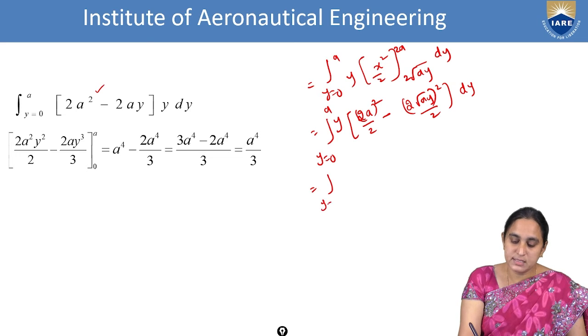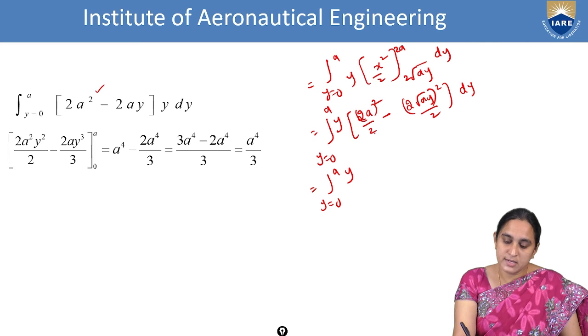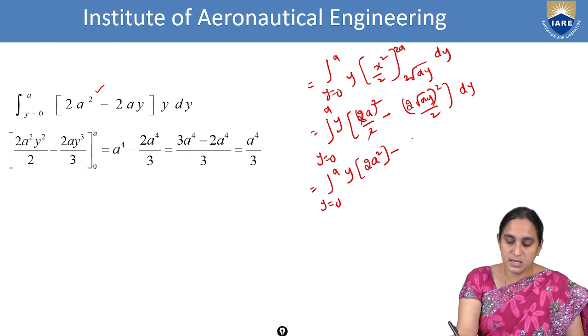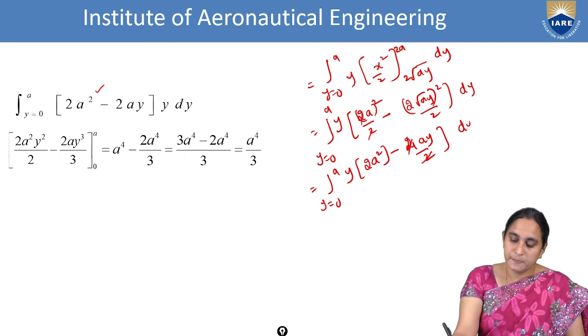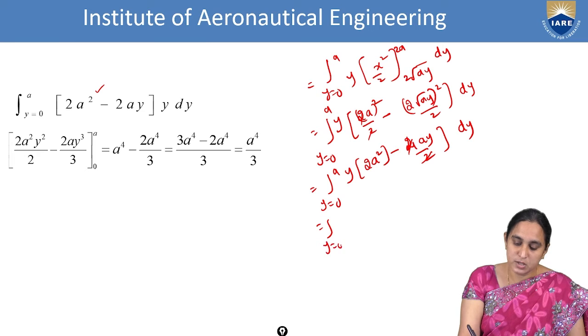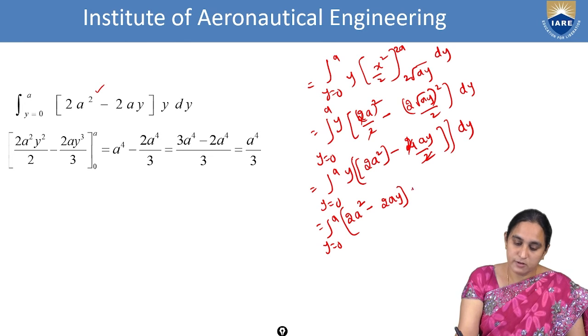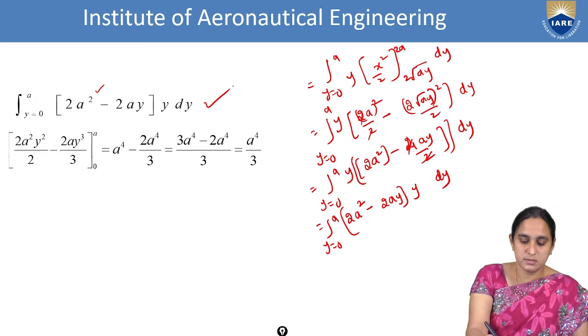Here the 2 cancels. Then we get 2a square minus 4ay by 2, then the 2 cancels again. That is the integral y is equal to 0 to a of 2a square minus 2ay, into y dy. This is this.